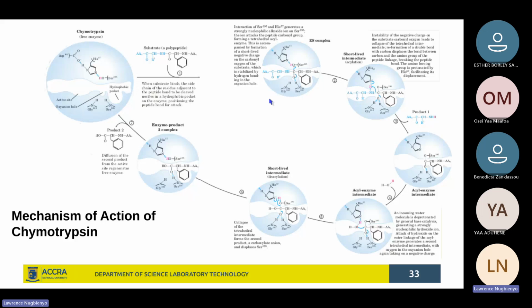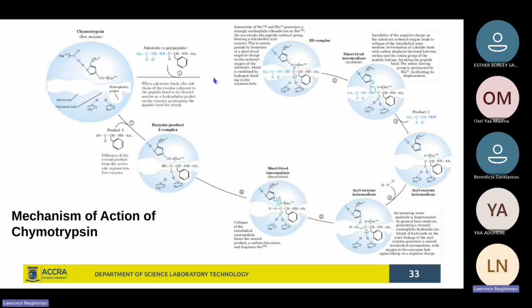You also want to appreciate the fact that in the diagram we are looking at, we are focusing on what is happening in the active center of the enzyme. We referred to the active center earlier on. That is the specific portion of the enzyme that is having interaction with the substrate. So that is what we are looking at.